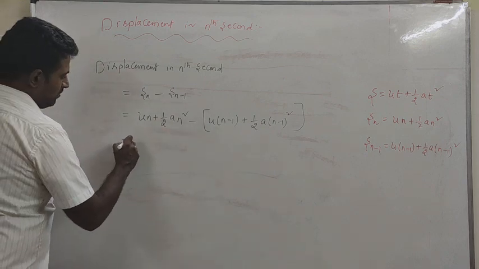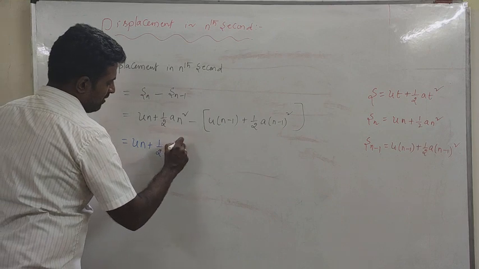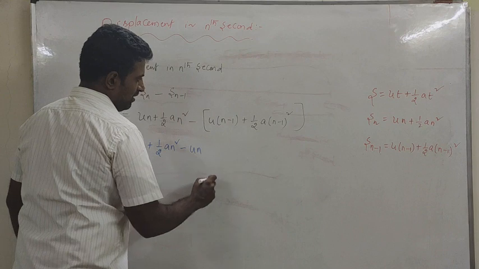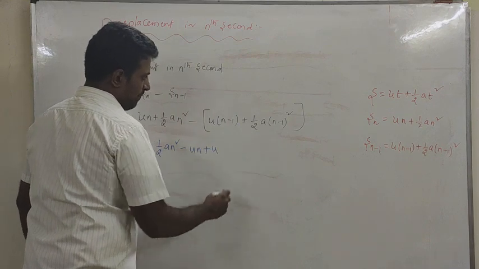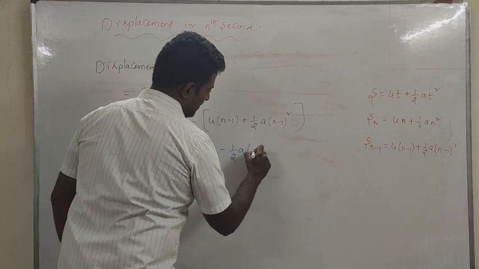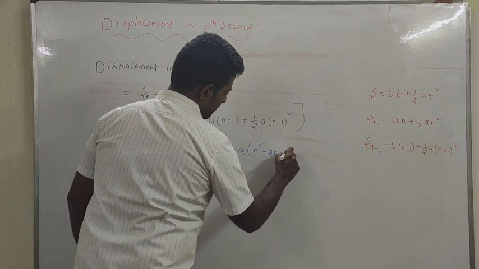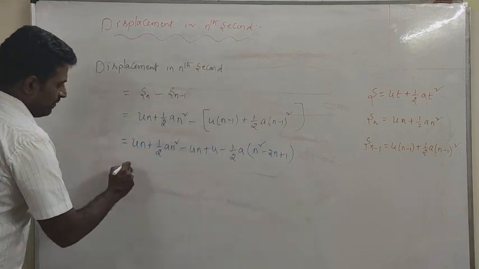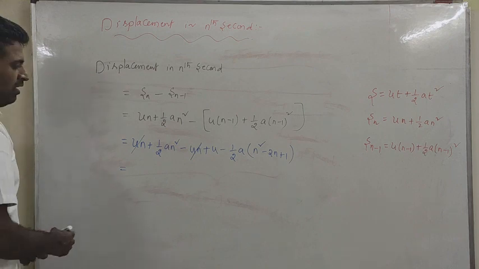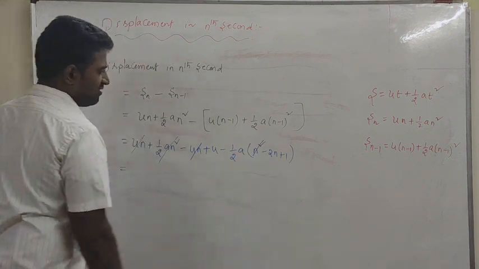Which is equal to un plus half a n square minus, you subtract the terms, un minus u plus half a into, I am expanding n minus 1 whole square, n square minus 2n plus 1. So un gets cancelled, half a n square gets cancelled.